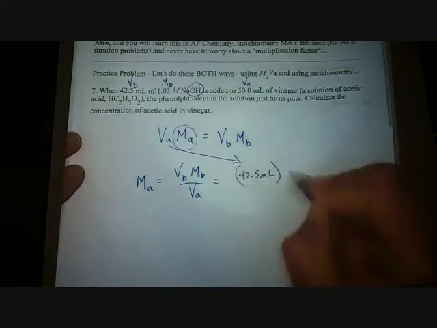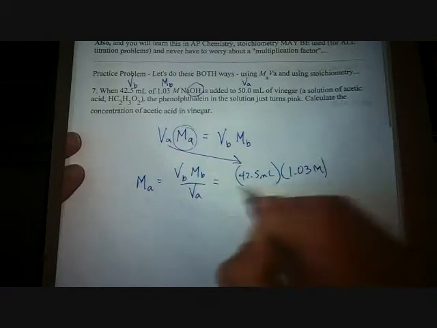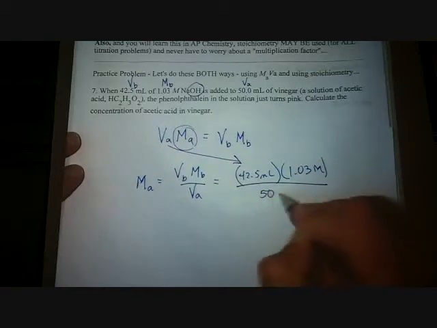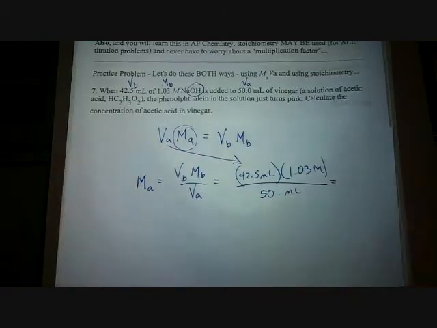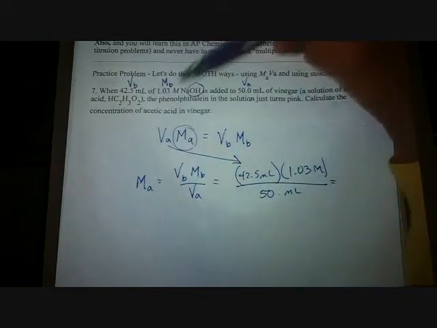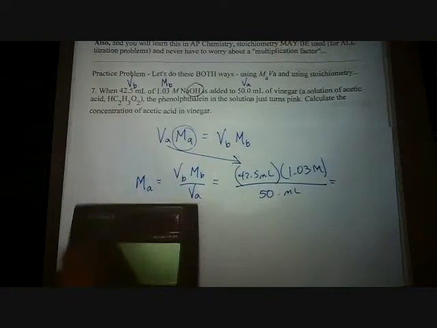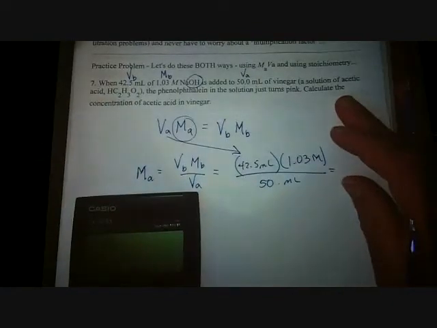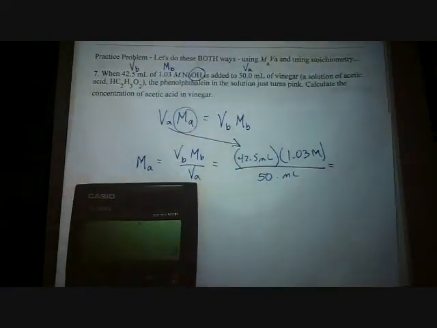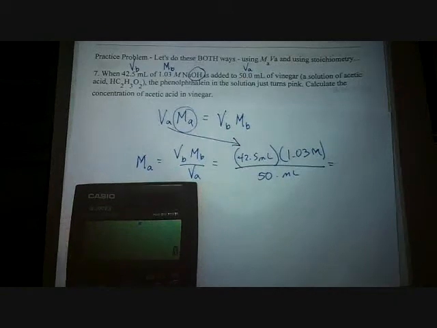So we have 42.5 milliliters, and then the molarity was 1.03, and then we have 50 milliliters. Where did you get 1.03? Right here. And then just solve. Plug and chug. Easiest thing to do.